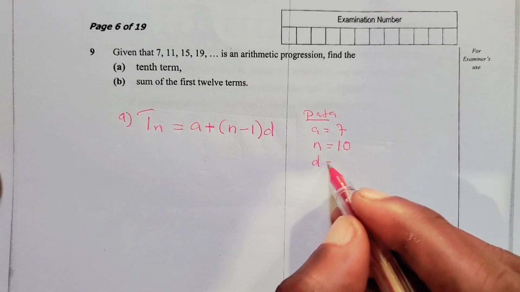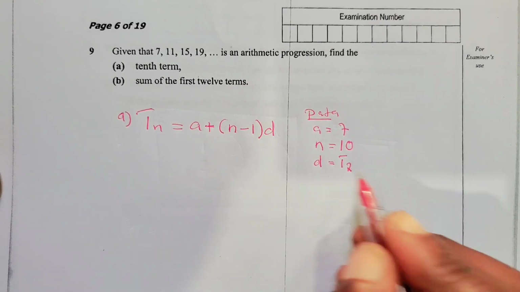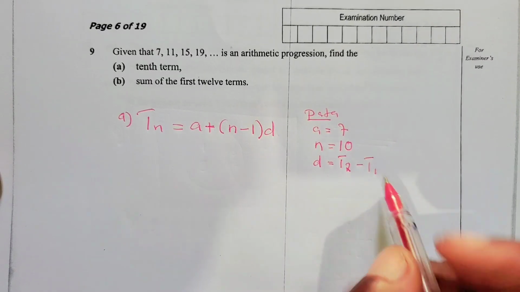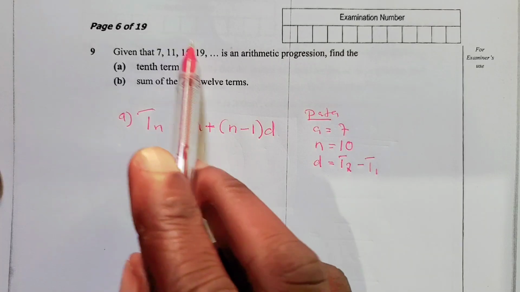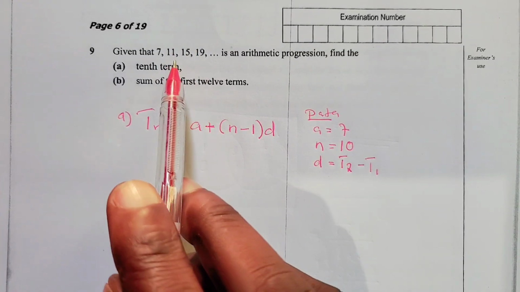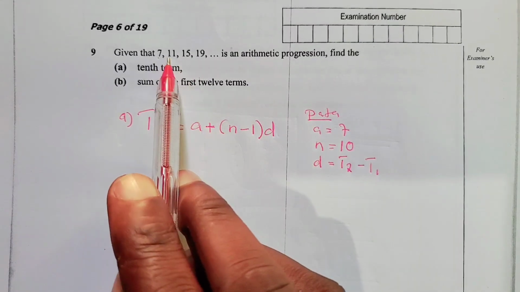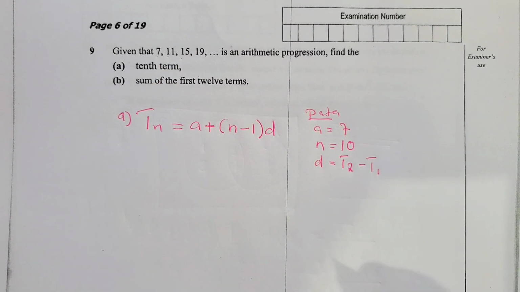Then d is the common difference, and it's calculated by using the formula: the second term minus the first term. In other words, the next term minus the previous term. So you can use the second term minus the first, third term minus second, fourth term minus third. Simple. So you're going to get the same answer.